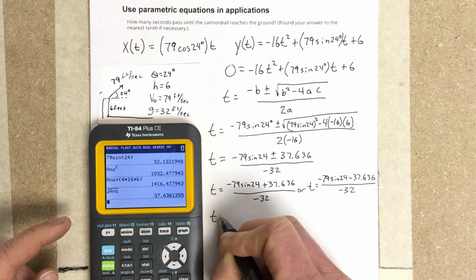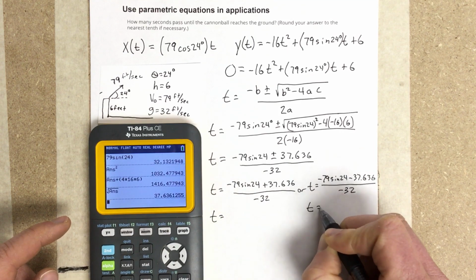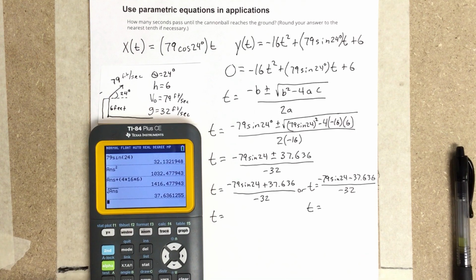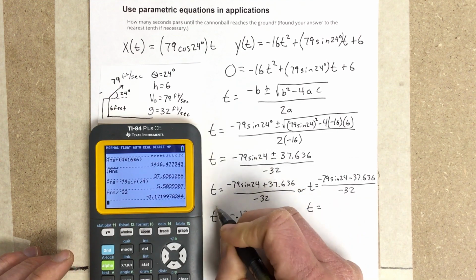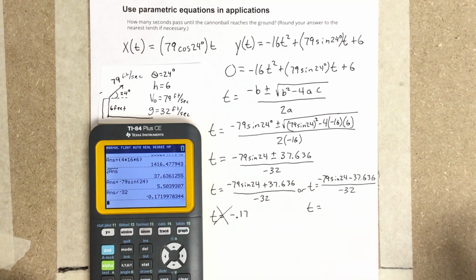So let's see what each of those t's would equal. So we're going to add this with negative 79 sine 24, and then divide it by negative 32. We get a negative time, which is negative 0.17. Okay, can't occur. Can't have a negative time here.